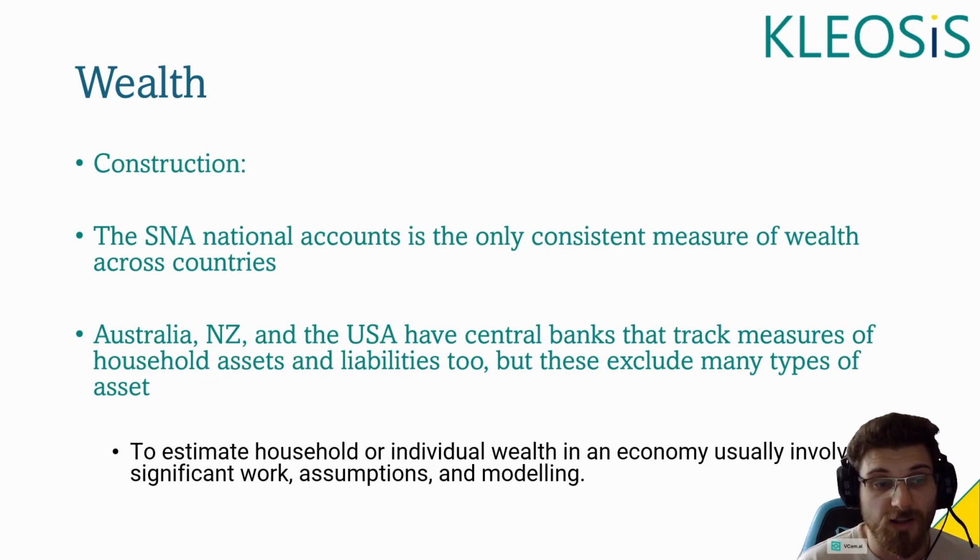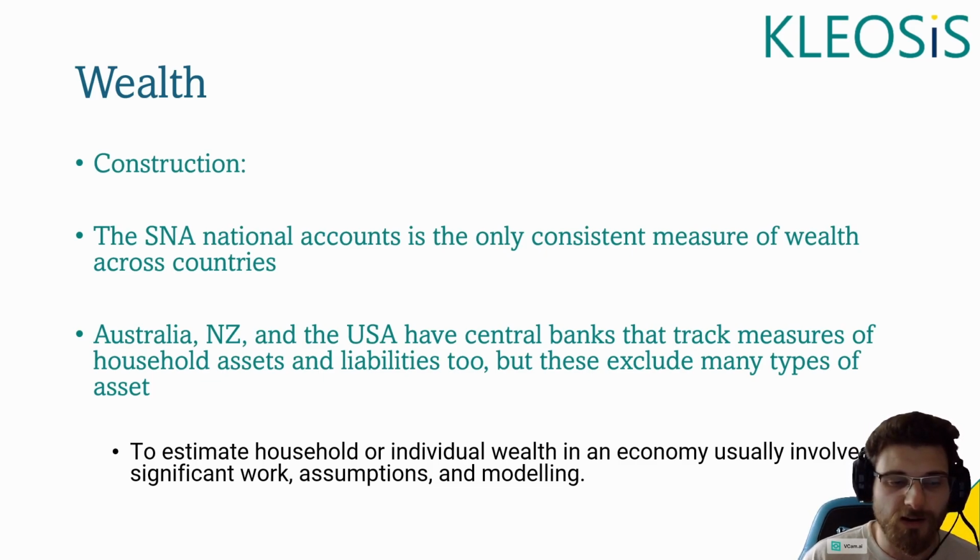It's usually calculated on the side, either by the statistical agency or just by academics or policy professionals. But what we do is we use the System of National Accounts, the SNA, to measure wealth across countries, because the SNA sometimes collects data on assets, it collects data on the incomes from those assets, and that's the most important part.